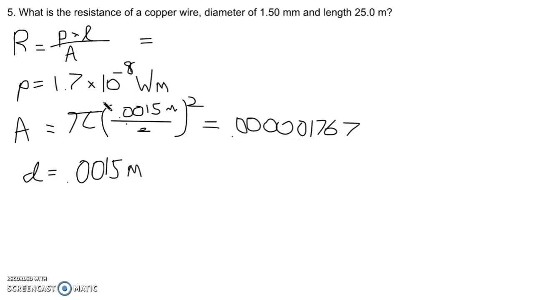Okay. So, and we know the length already. That's in your standard units.